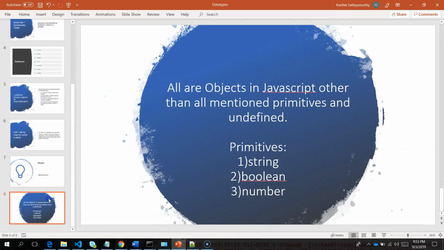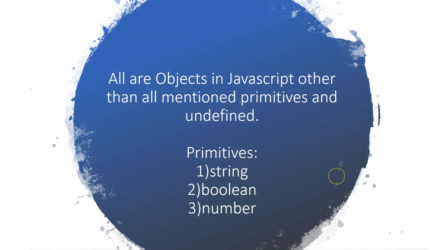The other important thing I wanted to make you understand is that many people say all are objects in JavaScript, but it is not true. All are objects in JavaScript other than the mentioned primitives, whatever we mentioned: string, boolean, number. Other than primitives and undefined, all are objects in JavaScript.